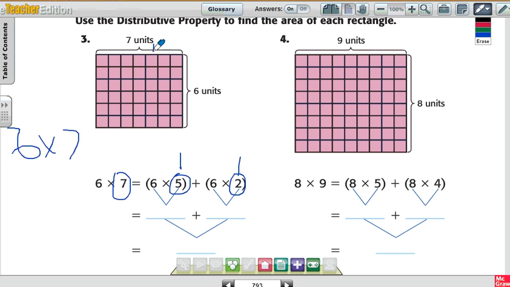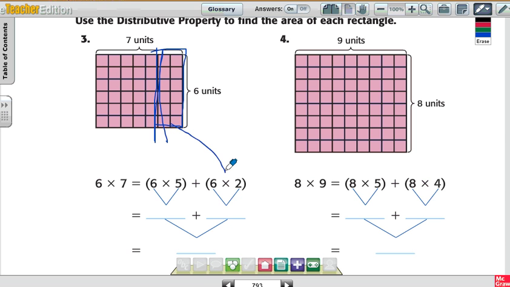So what they did was they cut this in half like this. So now I have 5 here and 2 here. The width stays the same. So the area for this is going to be 6 times 2, which goes here. And the area for this is going to be 5 times 6, which is here. All right.